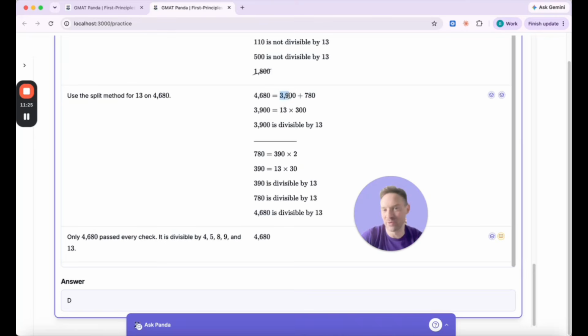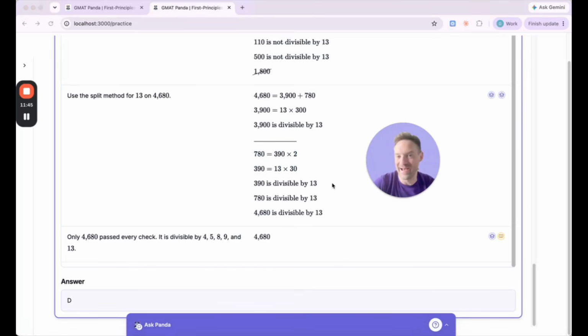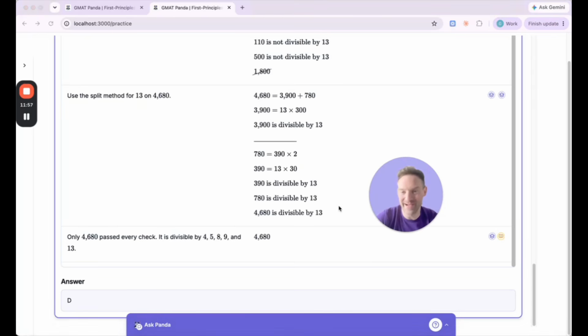Because again, we've got a 39 in there, which is 13 times 3, and then I just have to add some zeros on it. 780 is 390 times 2, and 390 is 13 times 30. We've already seen that. So this one will be divisible by 13, and it just happens that 4,680, which was option D, actually passes all our checks. And that's why that is the answer.